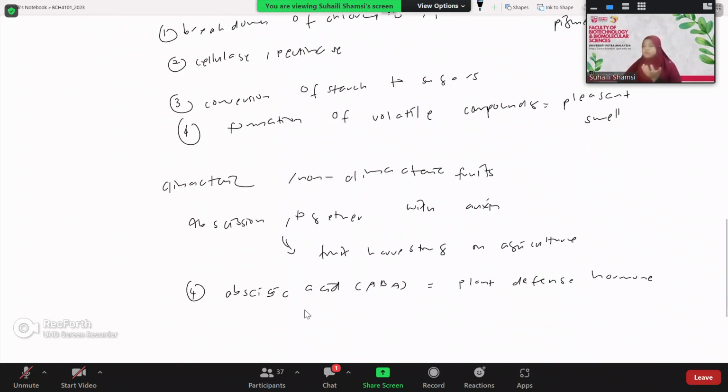It closes the stomata, basically, and prolongs bud dormancy. So the seed won't produce gibberellic acid that basically is involved in breaking dormancy.